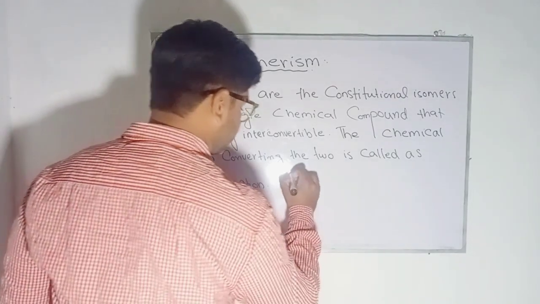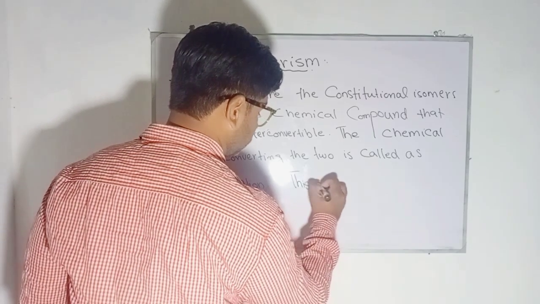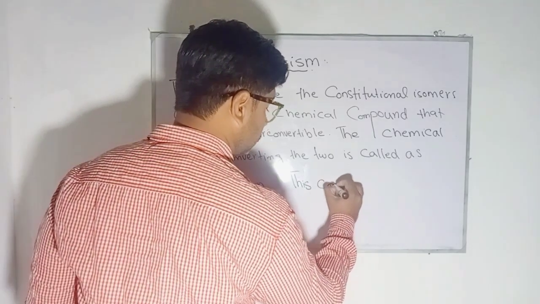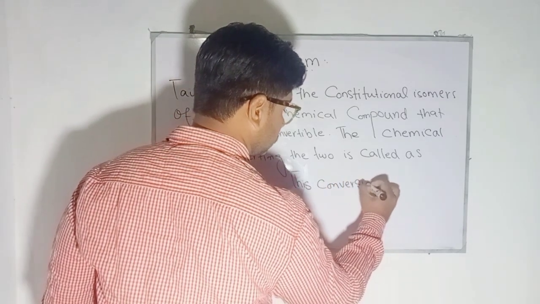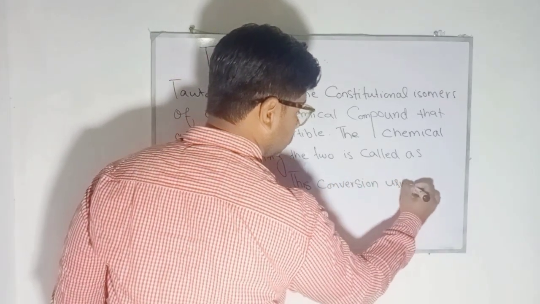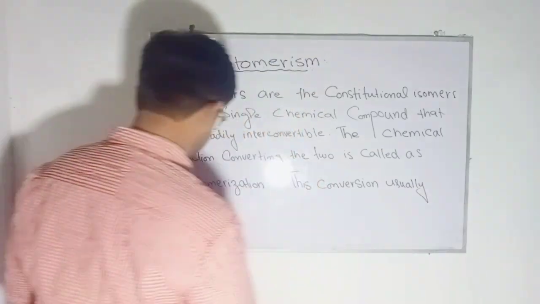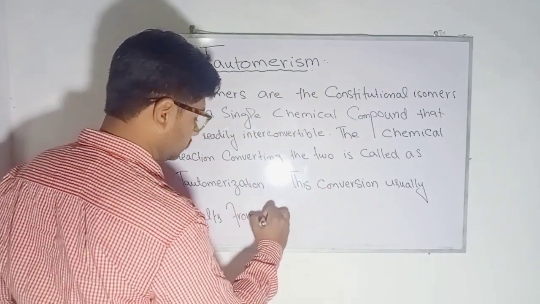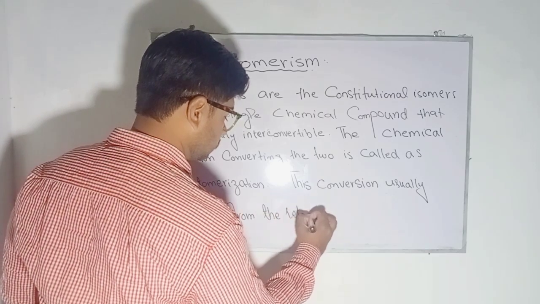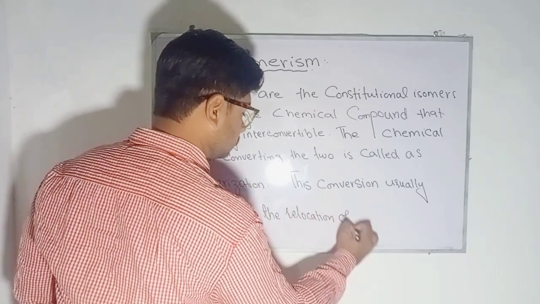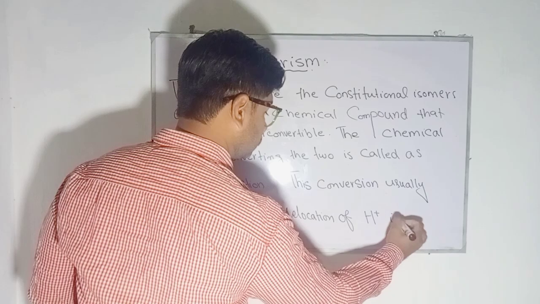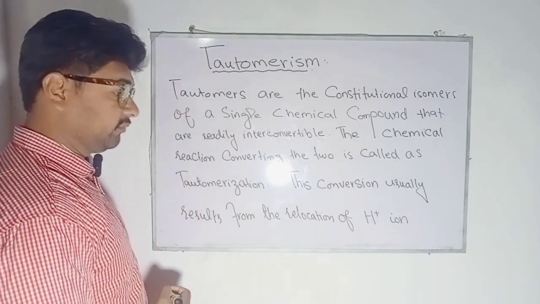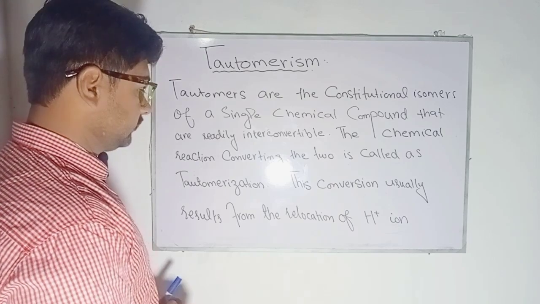This conversion usually results from the relocation of H plus ion, and the two isomers exist in dynamic equilibrium with each other.